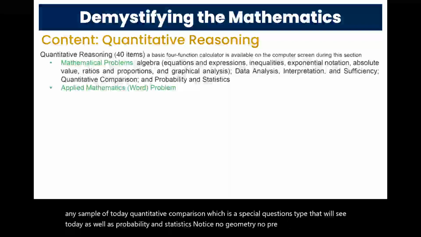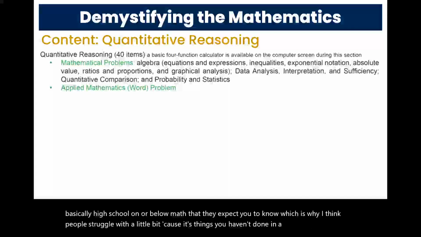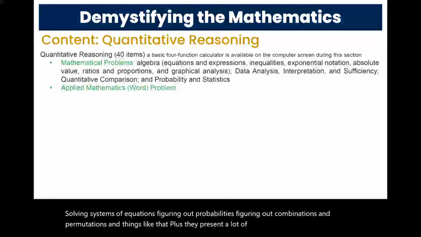This is basically high school or below math that they expect you to know, which is why I think people struggle a little bit, because it's things you haven't done in a long time, like solving systems of equations, figuring out probabilities, figuring out combinations and permutations. Plus they present a lot of word problems, so you have to get good at parsing those out.